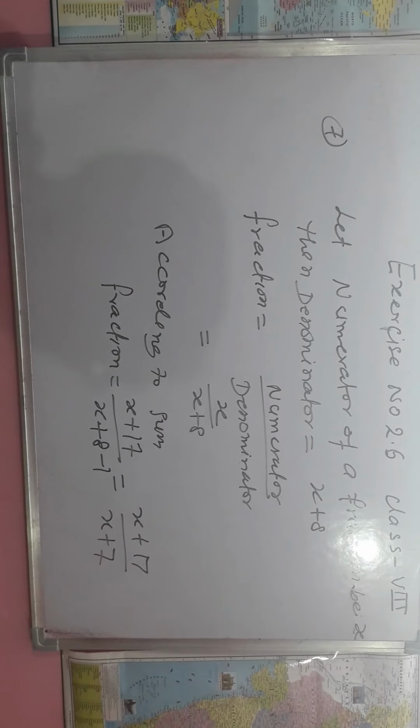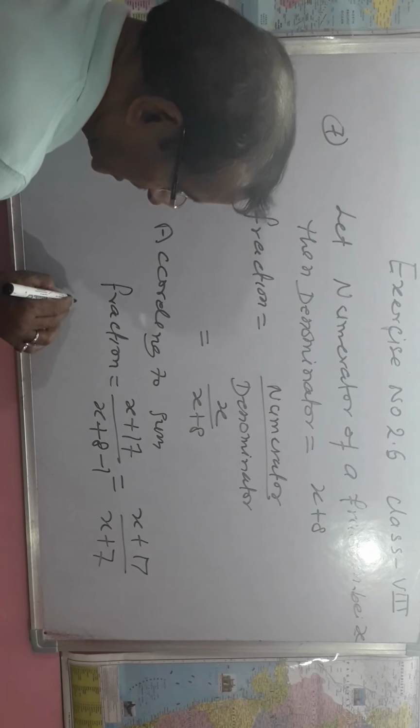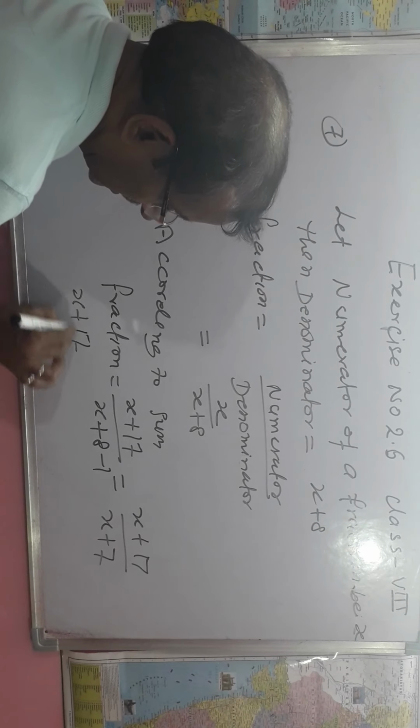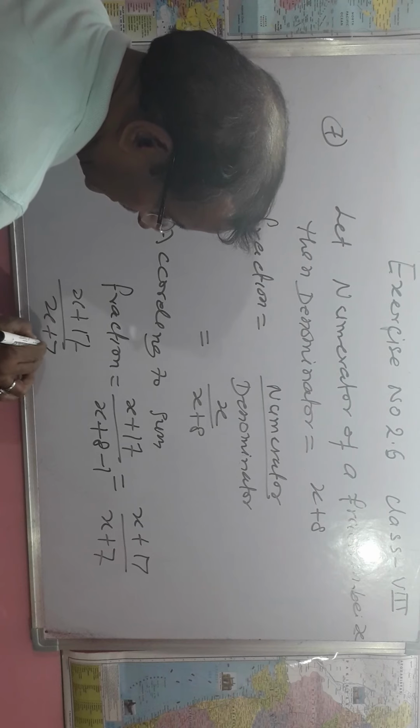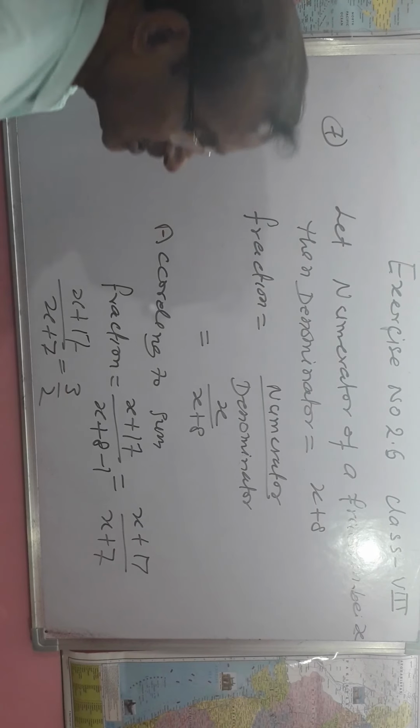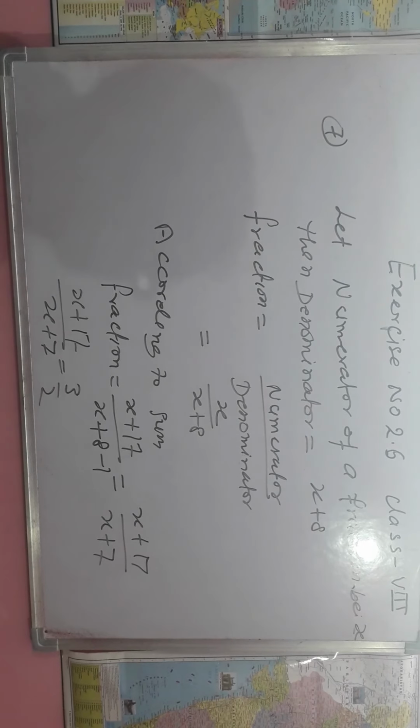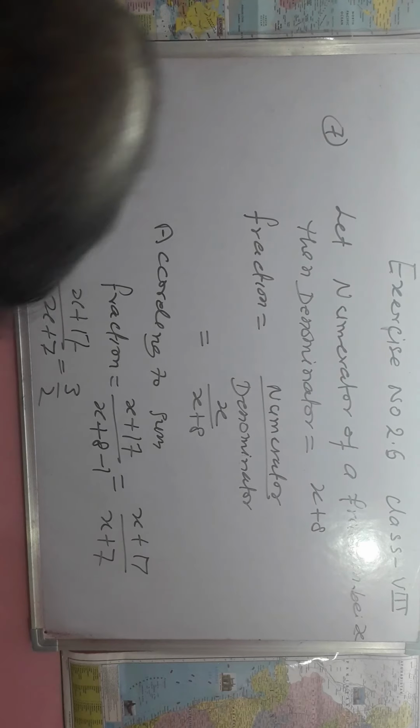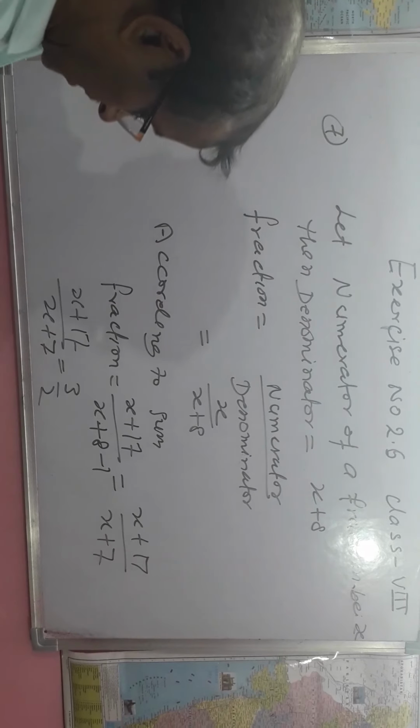Now new fraction becomes x plus 17 upon x plus 7, that is equal to 3 upon 2, it is given. Then we can write, find the rational number.